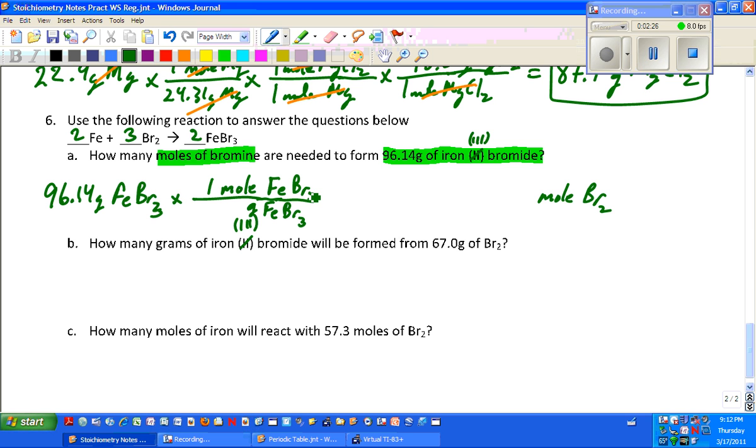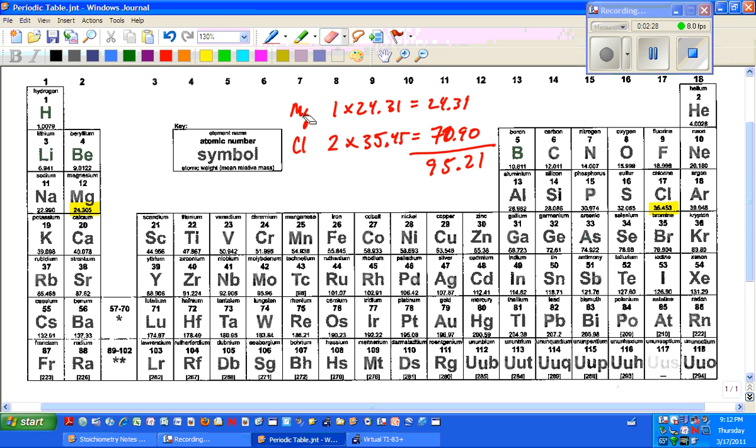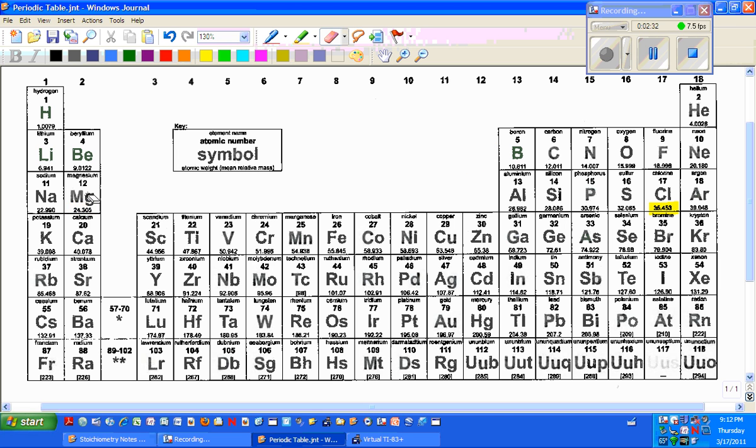So I'm going to go to the periodic table and calculate my molar mass for iron 3 bromide. I've got iron, so I've got 1 times 55.85, which is equal to 55.85.